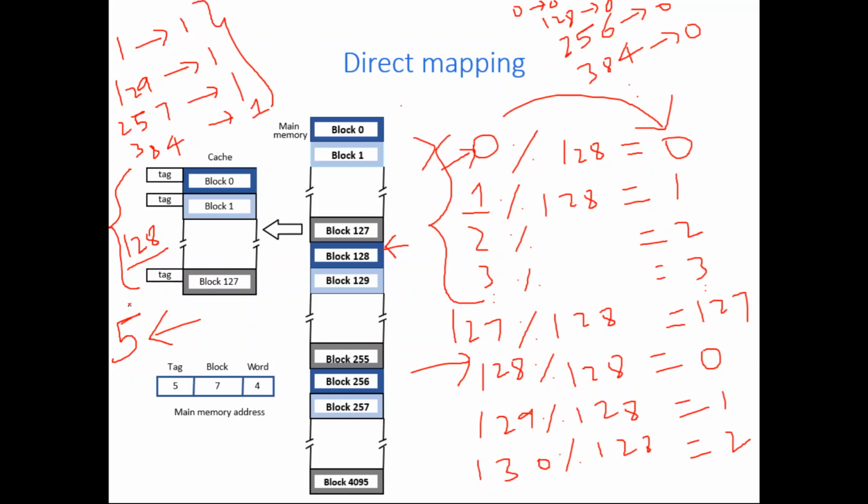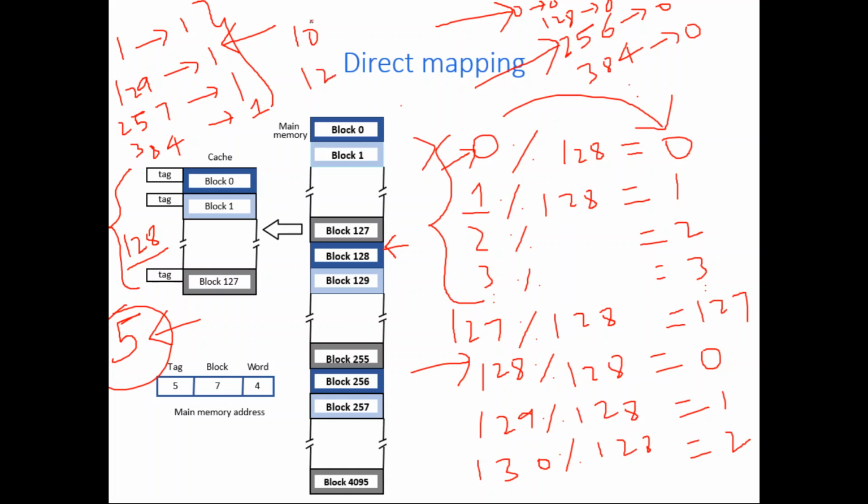Say, for example, the processor wants to load block 0 of main memory, block 256, block 129, block 10, and block 12 of the main memory.